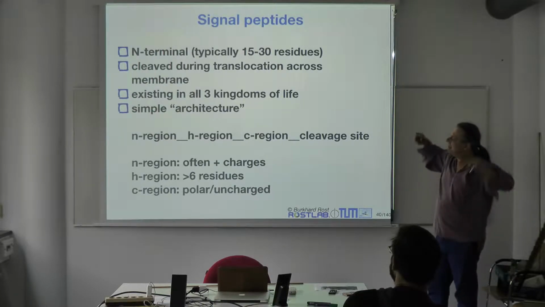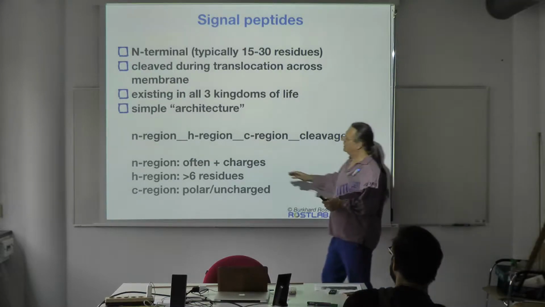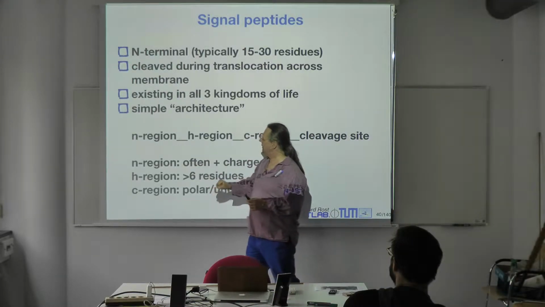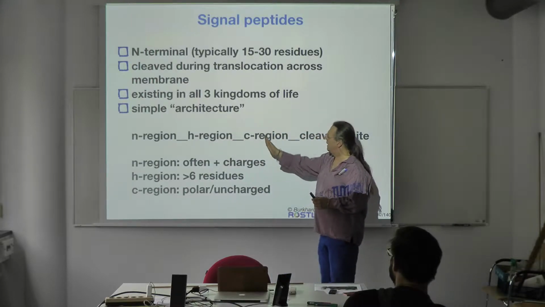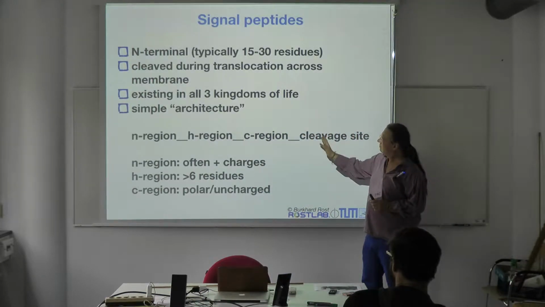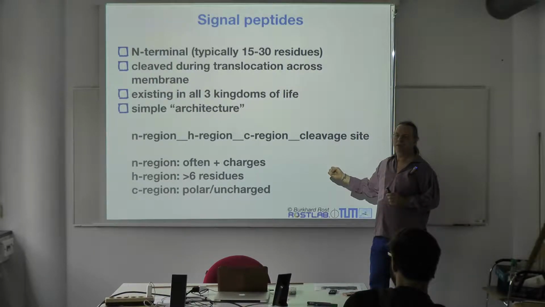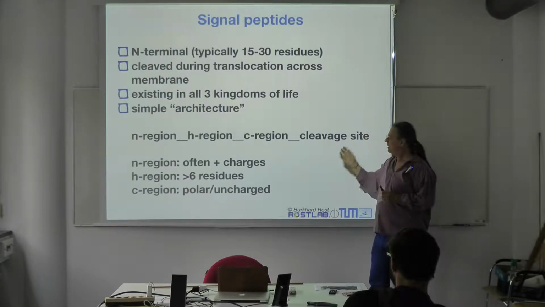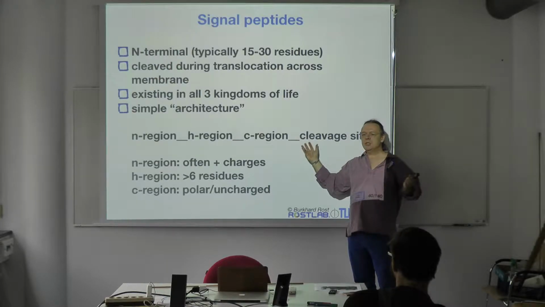And they have a relatively simple, let's call it architecture. They have a beginning of the protein region, there's a hydrophobic region, there's the region just before the cleavage site, and there's the cleavage site. So now you can imagine, if you have something like that, how can you use that to predict?